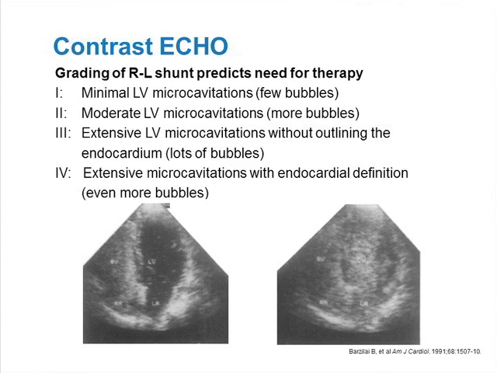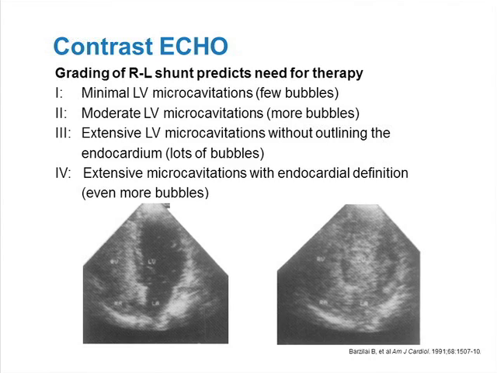So when a few bubbles are seen with minimal left ventricular micro bubbles seen, we tend to just watch these patients rather than subject them to CT scans. When there are more bubbles, such as moderate left ventricular micro bubbles seen, and in the higher ones, stage 3 and 4, we tend to say, okay, let's do a CT scan of the chest because the likelihood of finding a larger AVM is high.